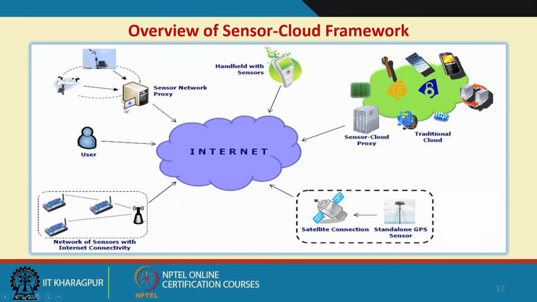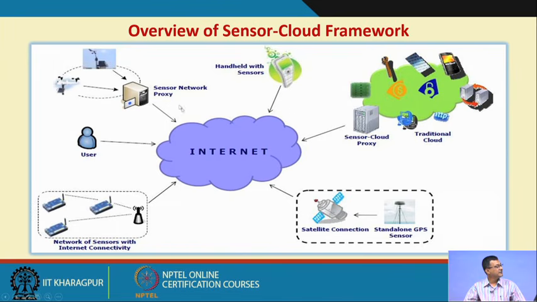On one side, there is a sensor network, where there is a sensor network proxy, which proxies it for the rest of the network. There are handheld devices or handheld sensors like mobile phones and other things. There is a traditional cloud, we have a sensor cloud proxy which handles it, and there are satellite connections, standalone GPS sensors, and networks of sensors with capabilities.